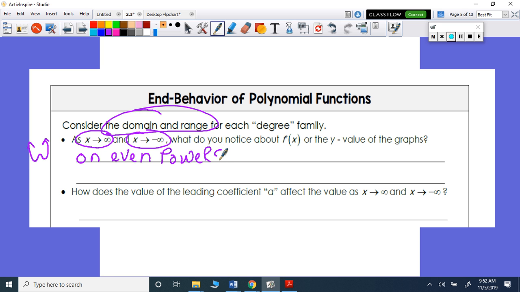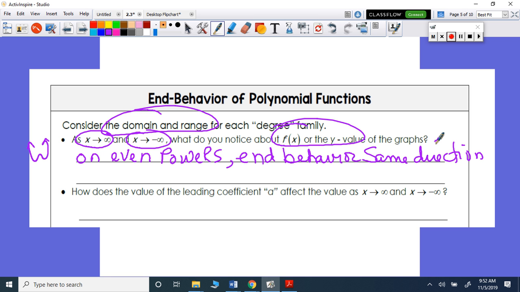What do you know about the end behavior or the y values on even powers? Are they going in the same directions or opposite directions? Same. Okay. The end behavior is the same direction.